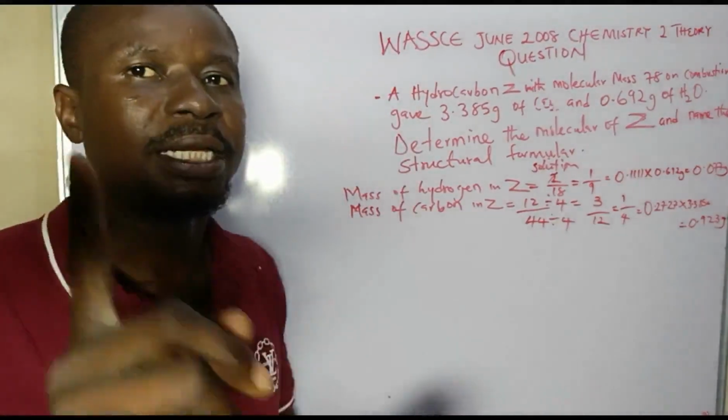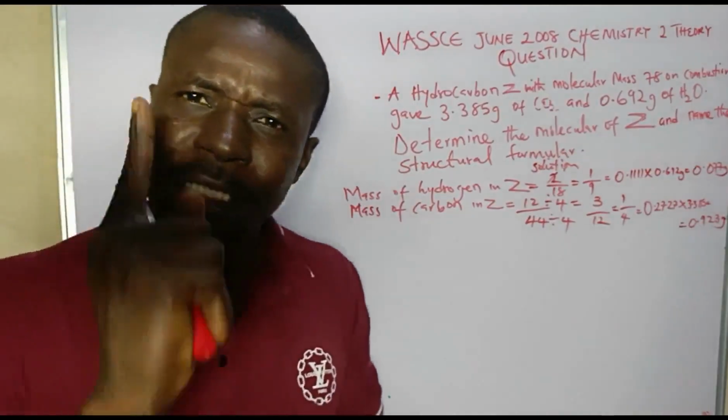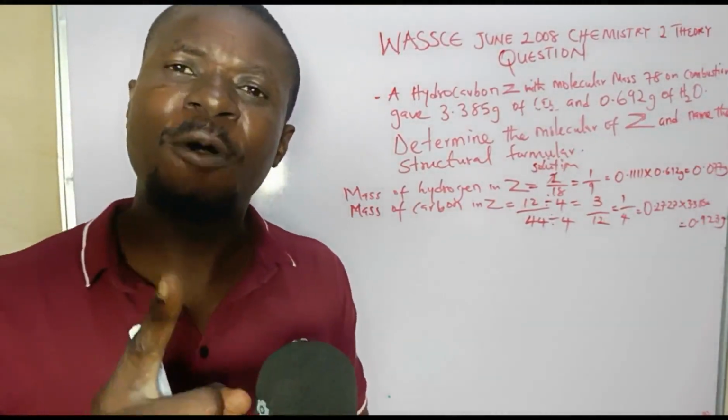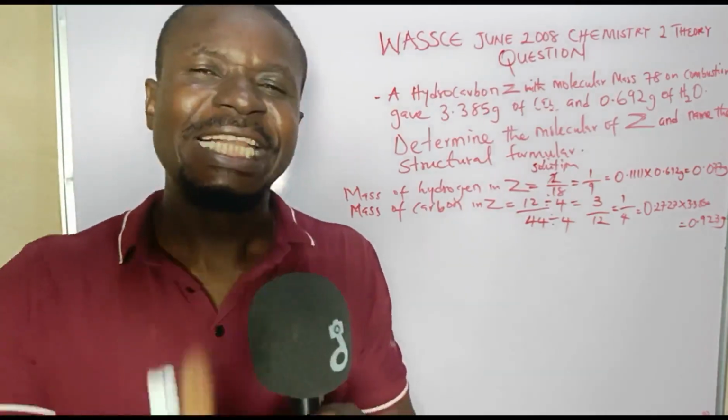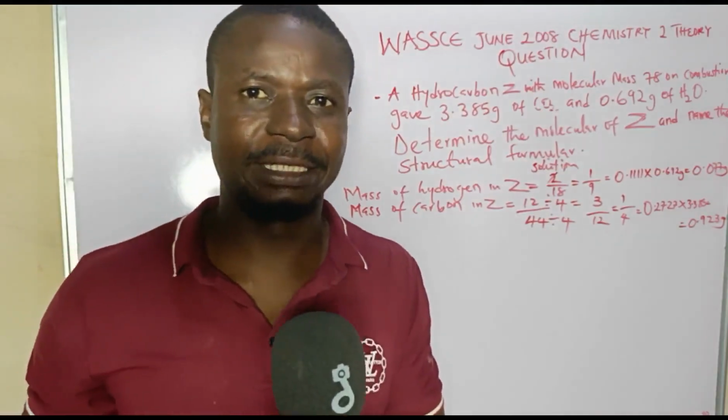Now that is where you move into the word empirical formula. What is empirical formula? Empirical formula is the simplest formula that determines the percentage composition of the qualitative analysis.